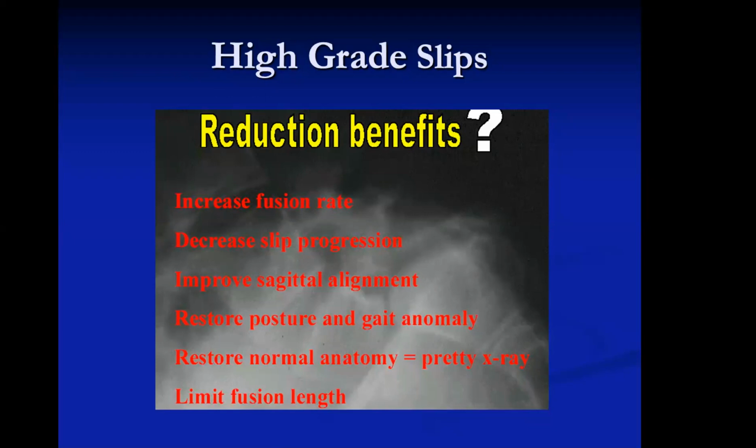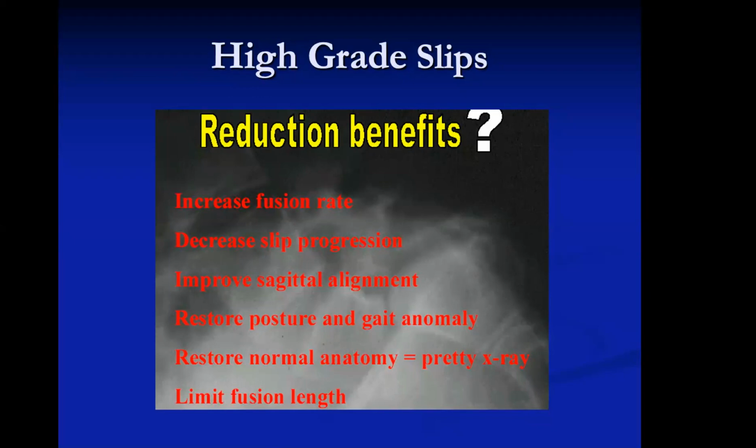Otherwise, there are significant benefits of reduction. If you reduce, there will be more contact area between the inferior end plate of L5 and the superior end plate of S1, because there will be more surface area, so that will increase the fusion rate. And once you reduce and fix, you will get your alignment right compared to an in situ fusion. So you will prevent progression of the slip.